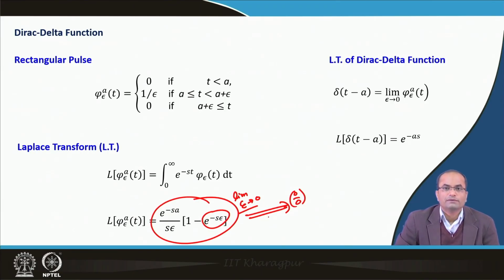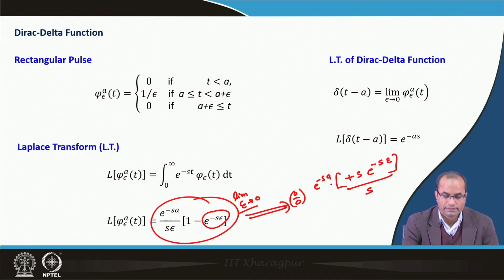So, with 0 by 0, we can apply L'Hopital's rule. That means we have e power minus s a, and there we differentiate the numerator. With minus and minus becoming plus s, we have e power minus s epsilon, divided by s, since the derivative of epsilon is 1.